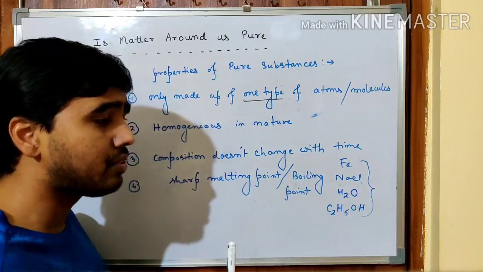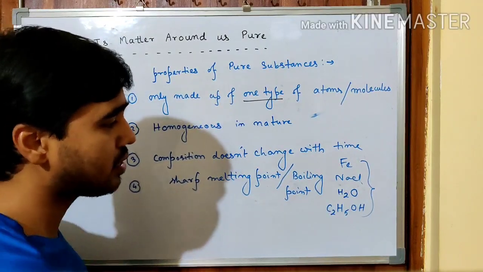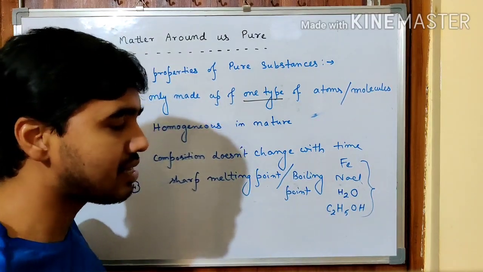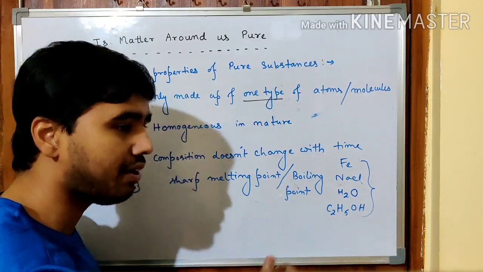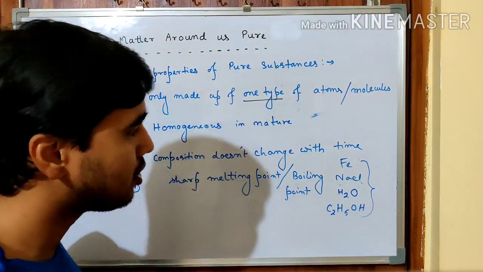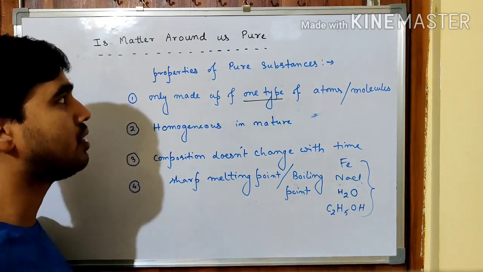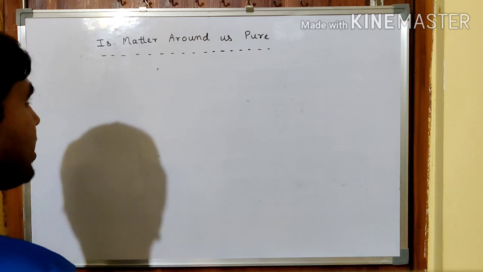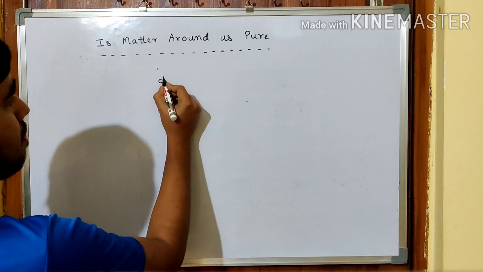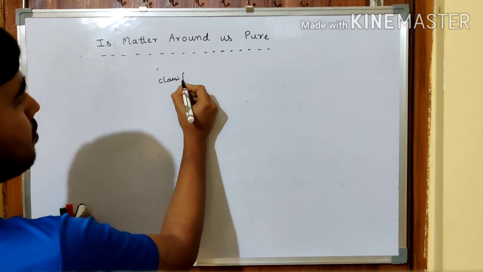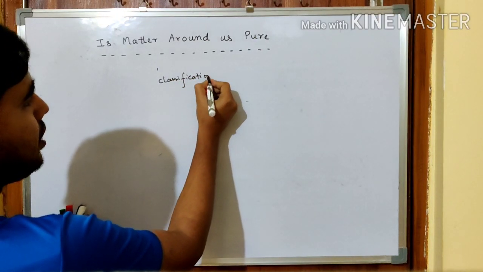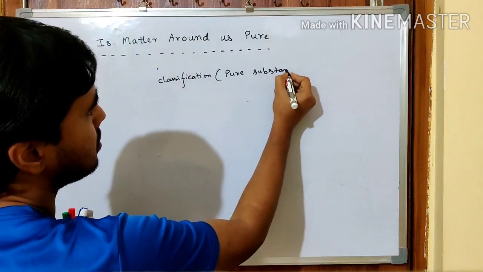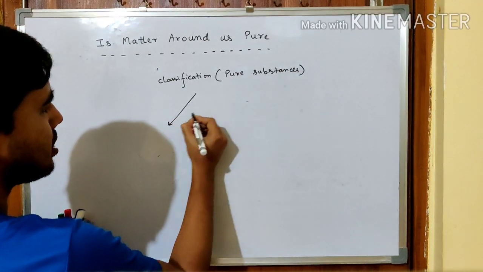A sharp boiling point means, for example, water has a boiling point of 100 degrees Celsius. It will remain the same 100 degrees Celsius; it is not from 95 to 105. It is always 100. These are the properties of pure substances. Write it down. After the properties, we are going to see the classification of pure substances. It is basically classified into two.